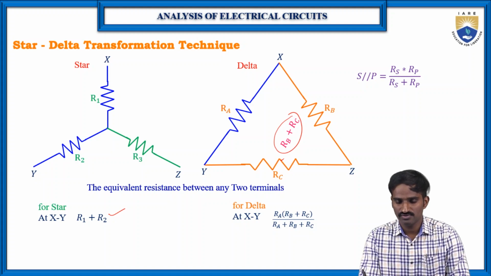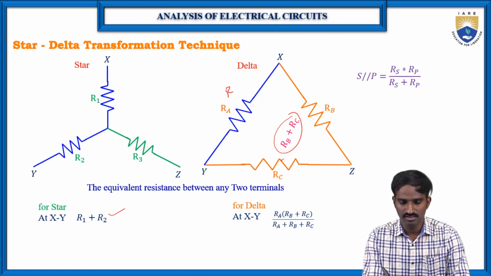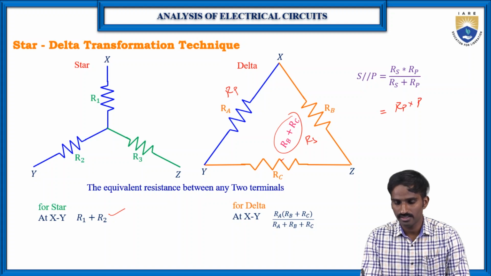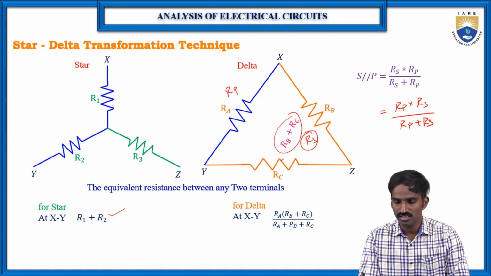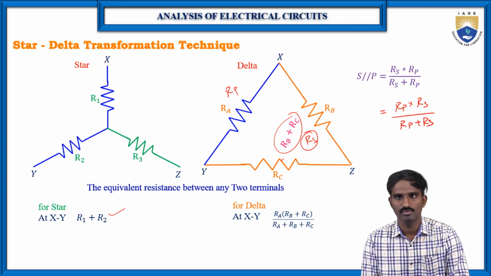As we know, let us consider this is the parallel resistance and this is the series combination resistance. If these two are in parallel, then RP into RS by RP plus RS. In place of RS, what do you have to substitute? RS is equal to RB plus RC. So in place of RS, RB plus RC, and in place of RP, RA. So then RA into RB plus RC by RA plus RB plus RC.